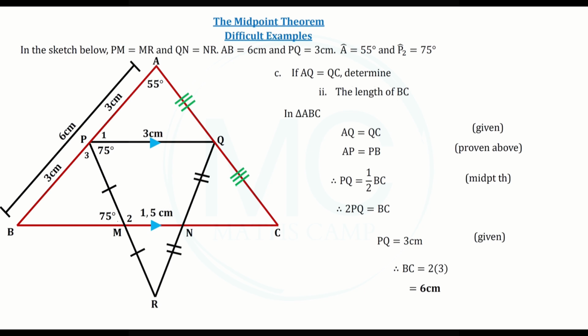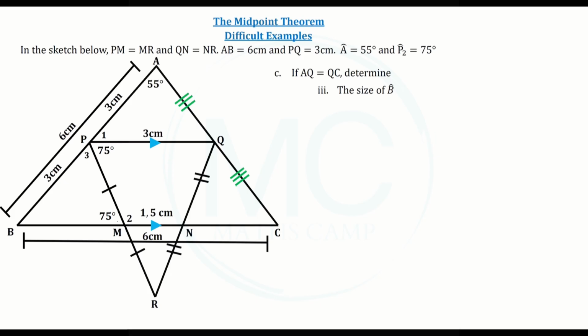Now let's draw a line just under BC, and we can make a note the length of BC is 6 centimeters. Let's make our diagram black again, and we can move on to part 3. Determine the size of angle B. Angle B sits at vertex B over here between side AB, let's make it red, and side BC, let's make it red as well.